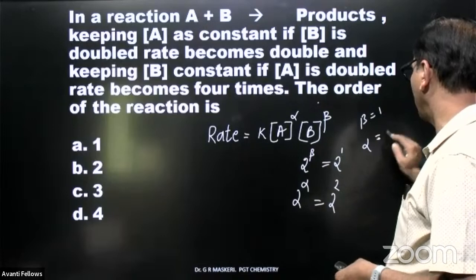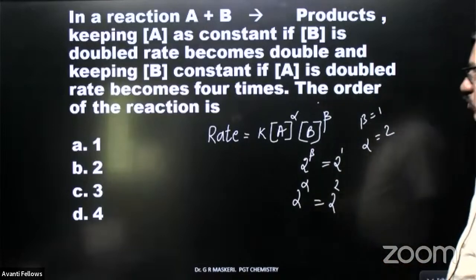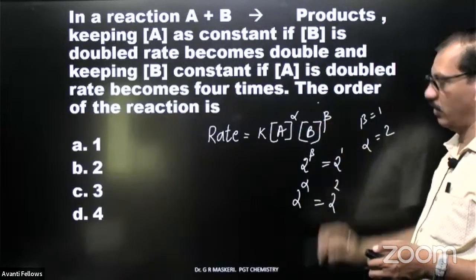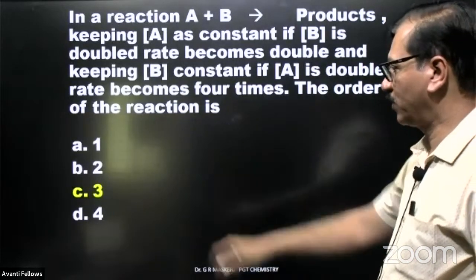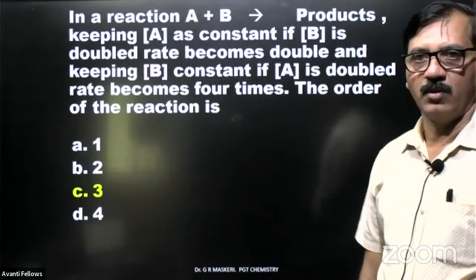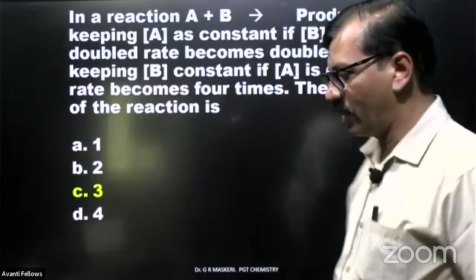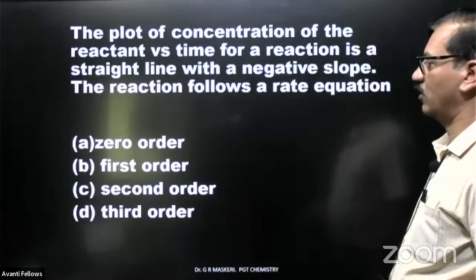Therefore, alpha is equal to 2. So the overall order of the reaction is alpha plus beta. Therefore, it must be 3. Hope it is understood. It is an important question. So maybe it is asked for 2 marks also, in this way.